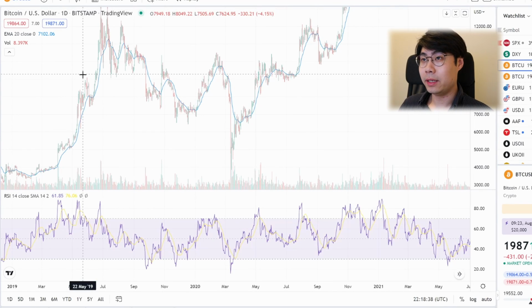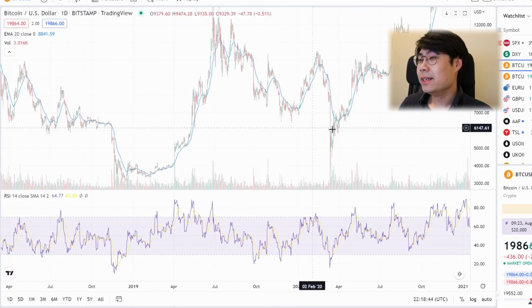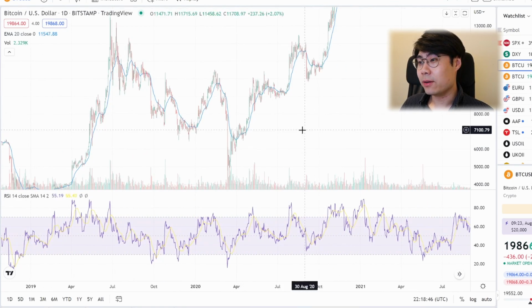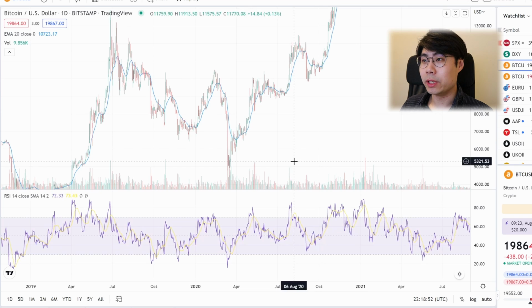Let's take a look at an example on TradingView using Bitcoin, right? I never talked about Bitcoin, but this is actually an interesting story to tell with Bitcoin through RSI in this period around late 2020.